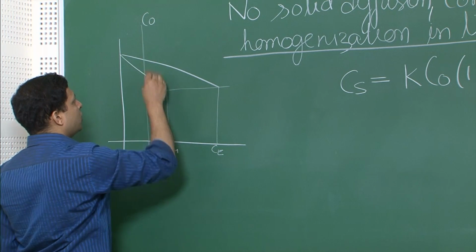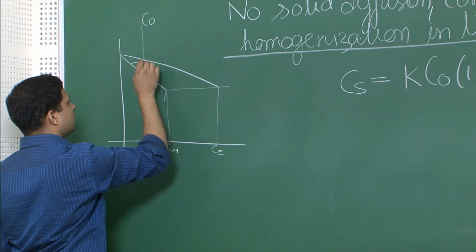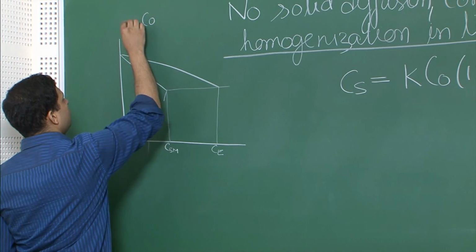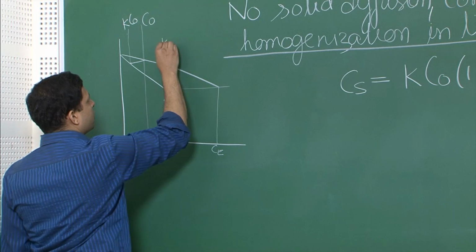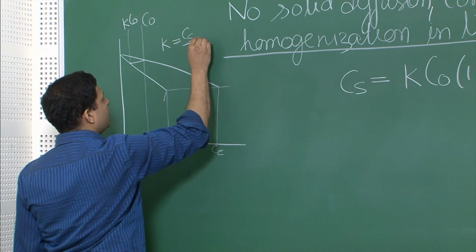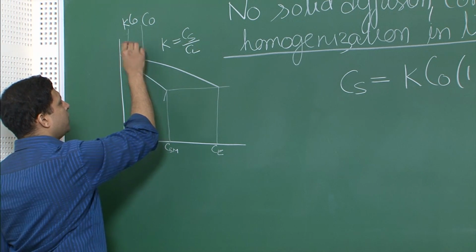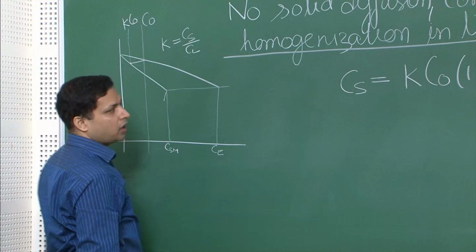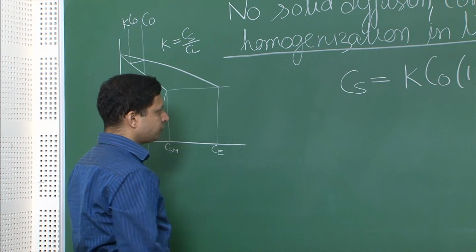So, this is our C naught, and the first liquid that solidifies, that solid concentration will be equal to K C naught, where K is equal to Cs by Cl in general. And since the first liquid has the concentration C naught, the solid has the concentration K times C naught. So, that is the first concentration of the solid that forms.